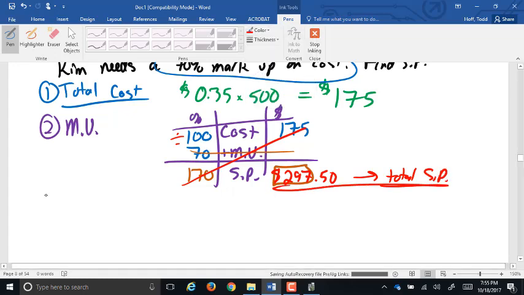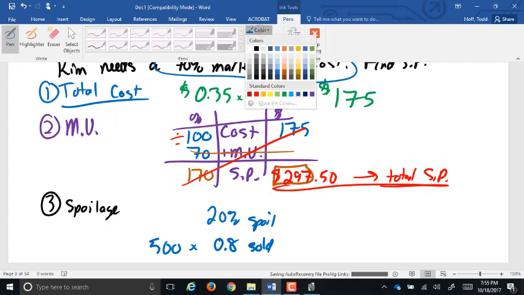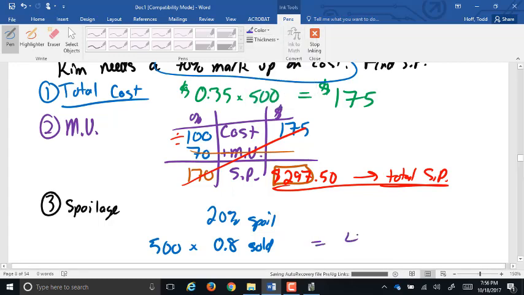And then spoilage. Okay, 20% spoil. So that means 0.8 or 80% are sold. So 500 times that gives us 400 sold.